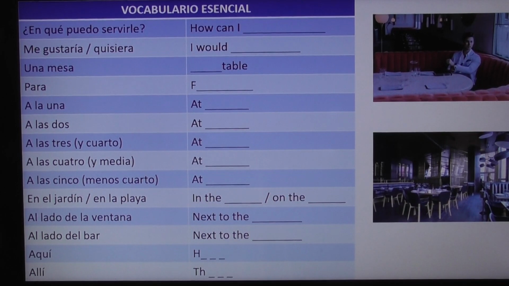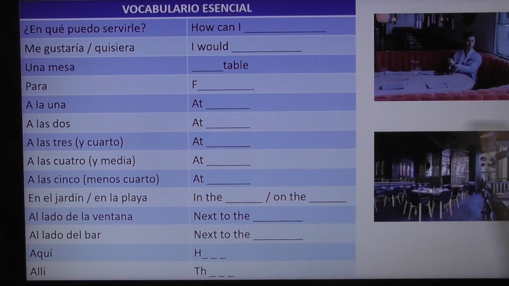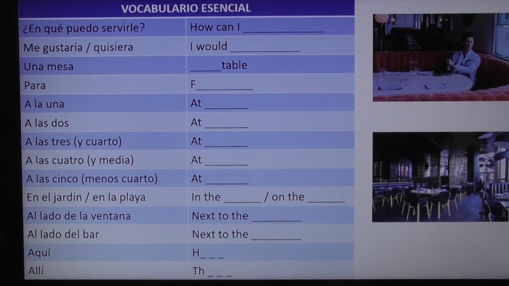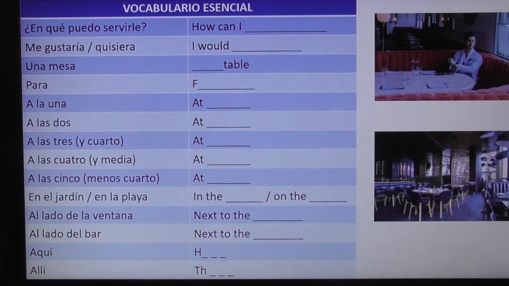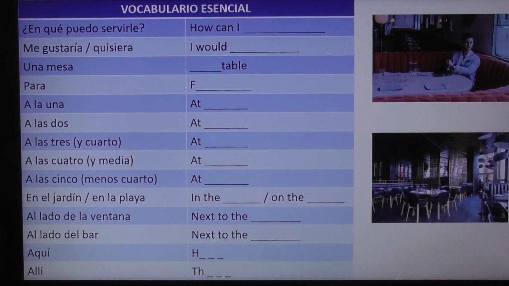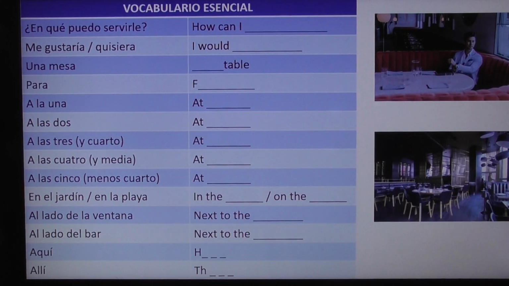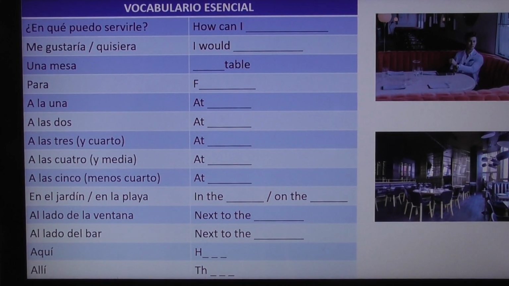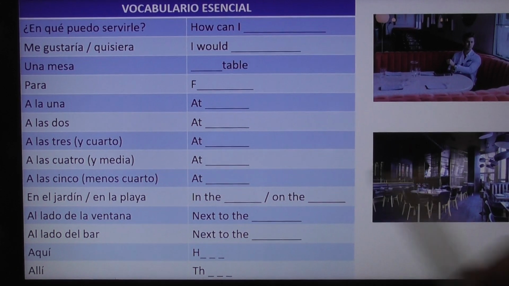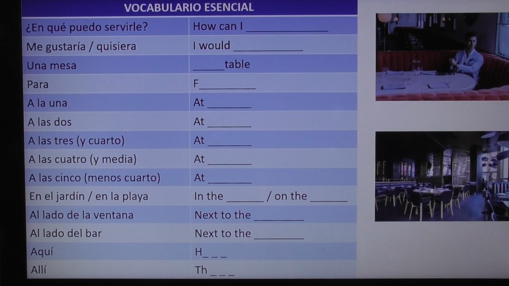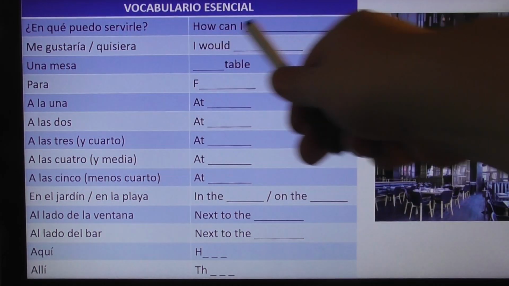There. Para. For, a las 5. At 5 o'clock. En la playa. On the beach. Al lado de la ventana. Next to the window. ¿En qué puedo servirle? How can I help you?